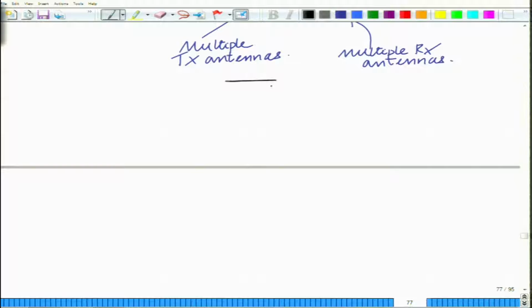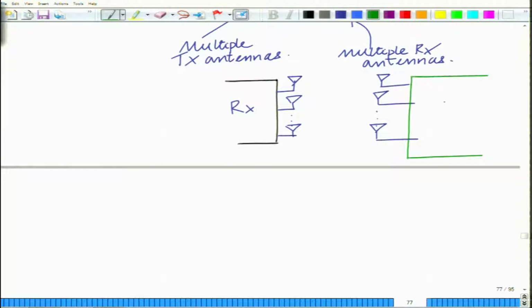Schematically you can represent it, and we have seen this before: you have the receiver with multiple receive antennas, the transmitter with multiple transmit antennas, and this is the MIMO channel.